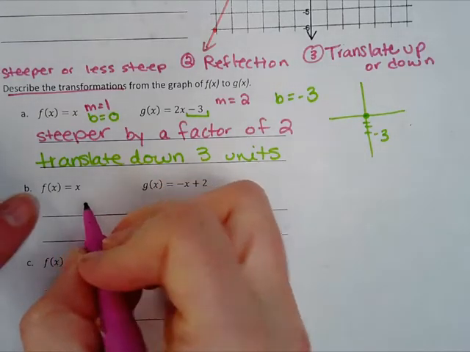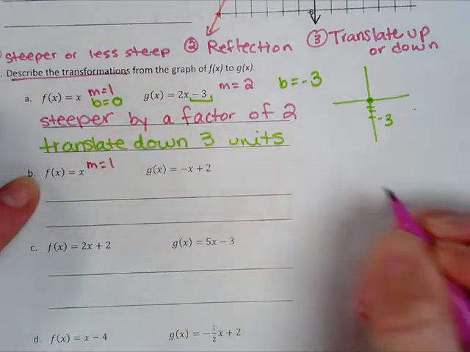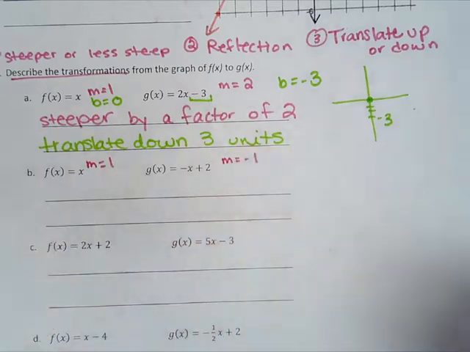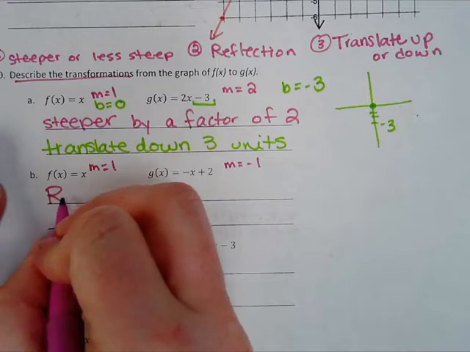Okay, the next one, f of x equals x. What's our slope here? What's our slope on g of x? Yep. How does that affect your graph? Reflection. Just a reflection, yep.